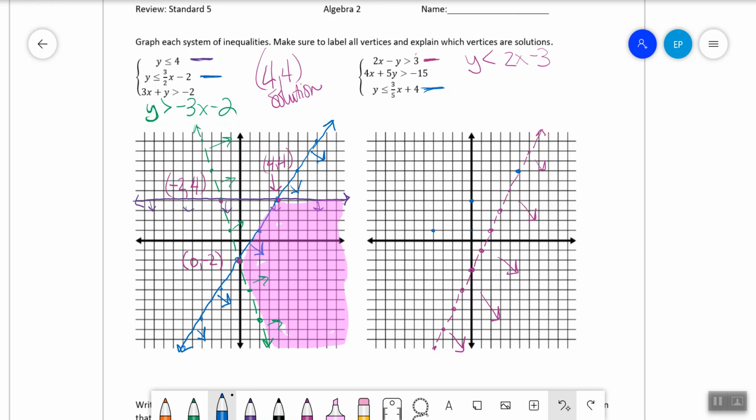That's not 5. There's 5. Down 3 over 5, 1, 2, 3, 4, 5. Up 3. And that is a solid line. And I want all the y's less than that.